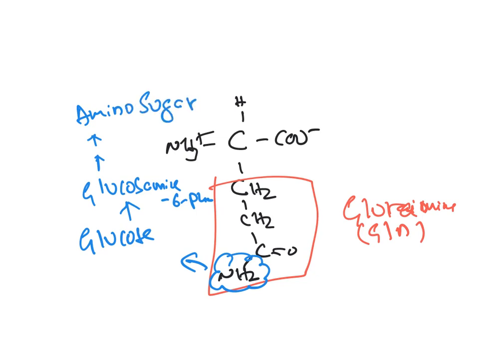Basically the glucose takes the amino group donated by glutamine. Glutamine is the one that donates amino group to carbohydrate to produce different types of amino sugars.